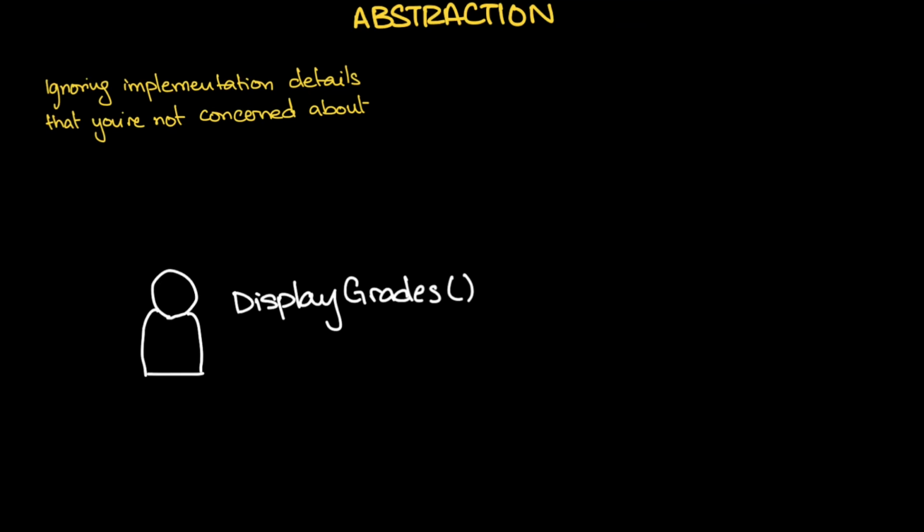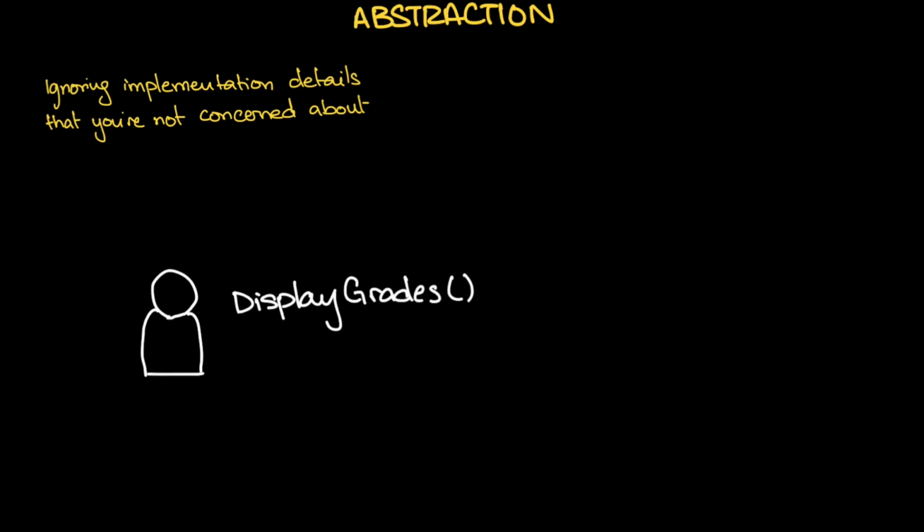For example, the function's name here is display grades, and you'll learn more about these in the future in much more detail. But let's say your friend built you this function, he wrote all the code for it, and he gave it to you.